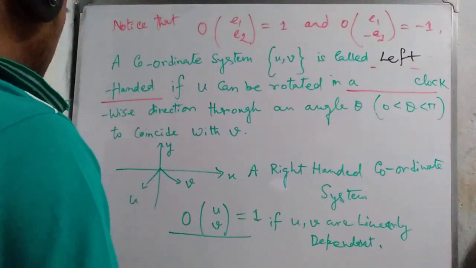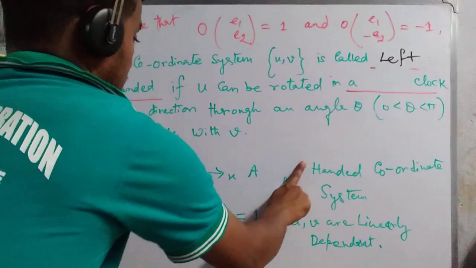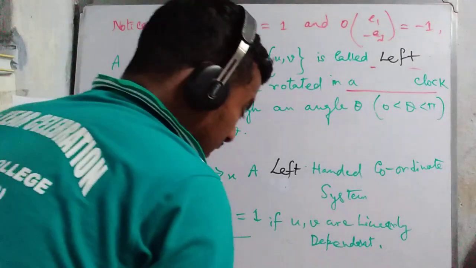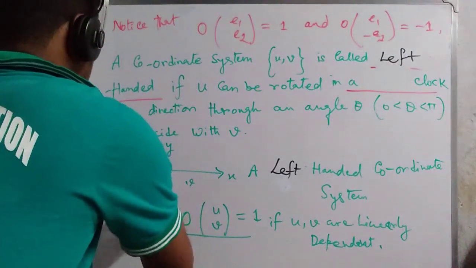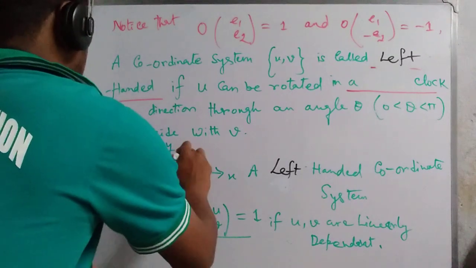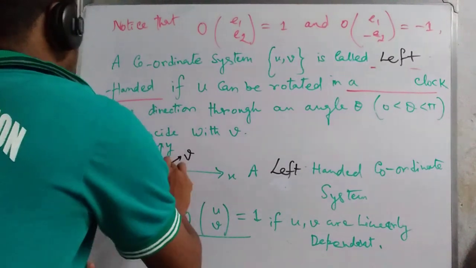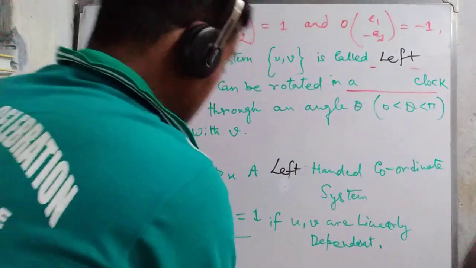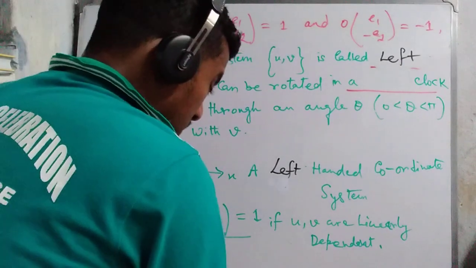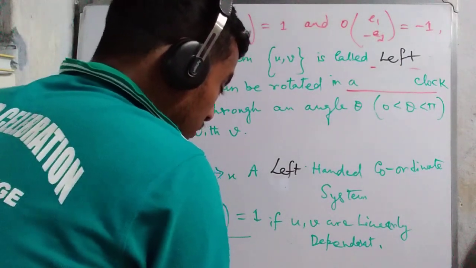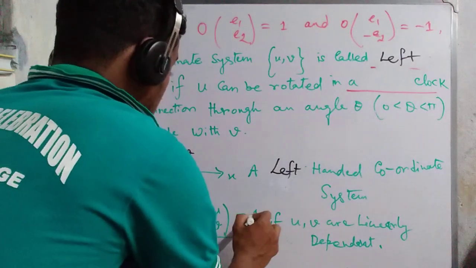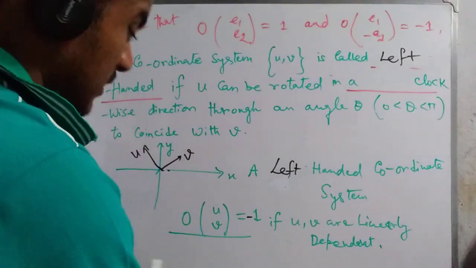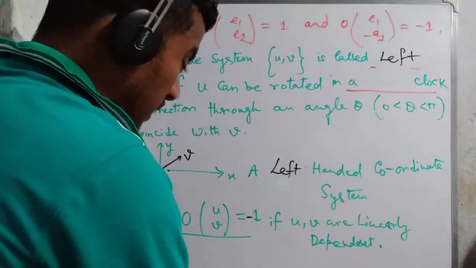Here this one is V, this one is U. If the orientation equals -1 and u, v are linearly independent, then it is left-handed.